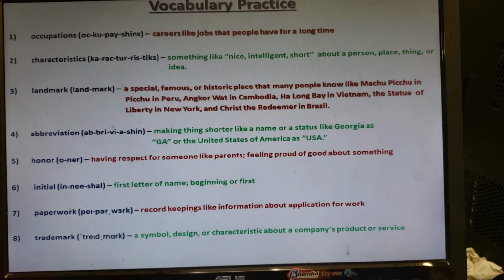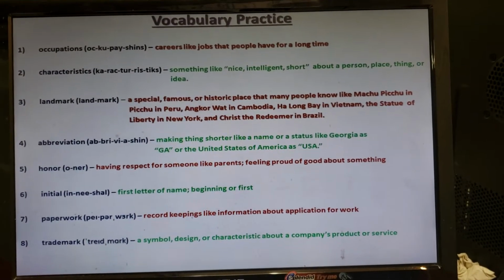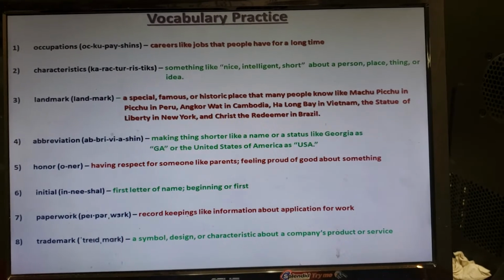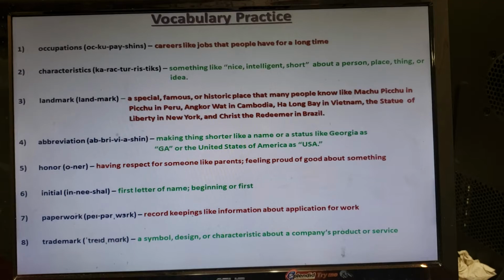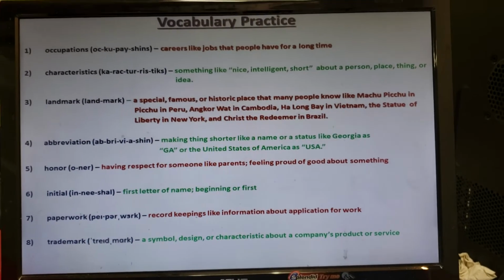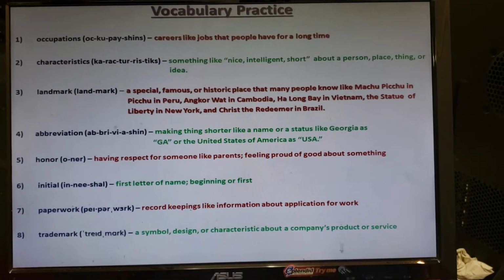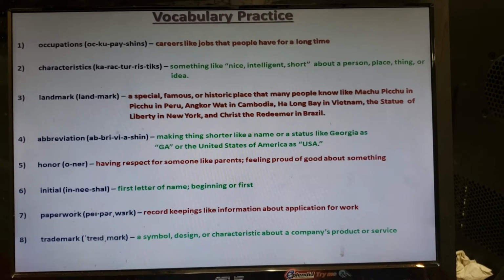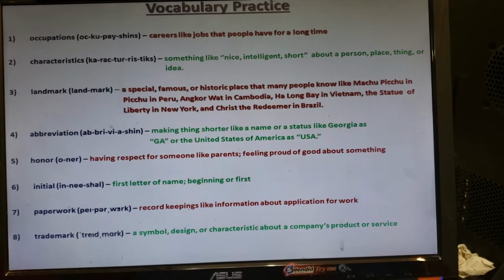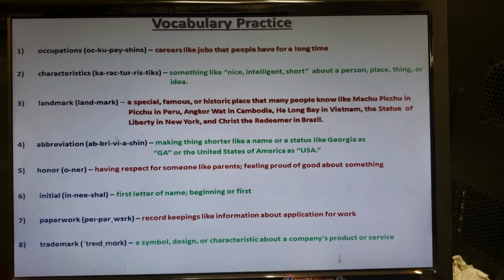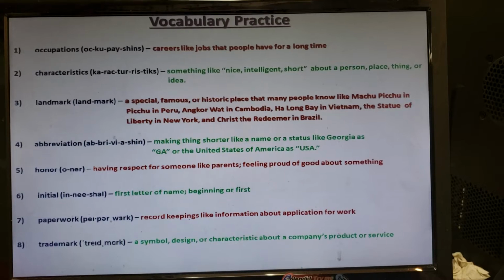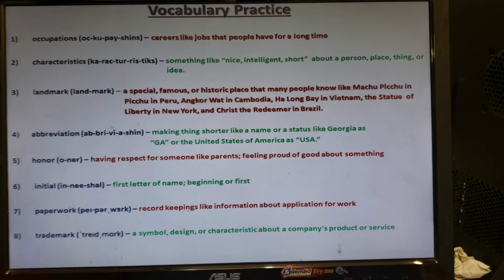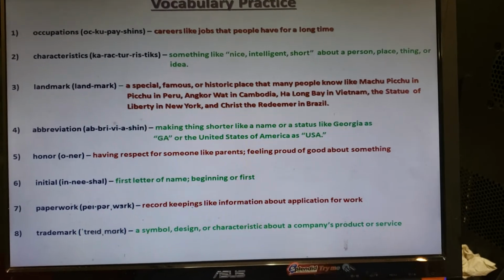Now, to honor basically means to have respect, to have admiration, to like someone very much because he or she is older or has done something really good, like Dr. Martin Luther King Jr., who fought for civil rights for many, many people when their civil rights were not given to them, even though the rights were protected by the U.S. Constitution.